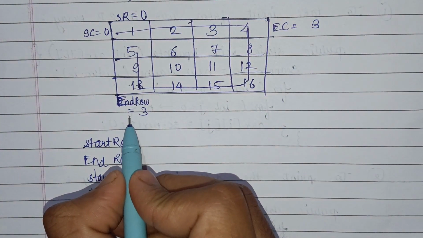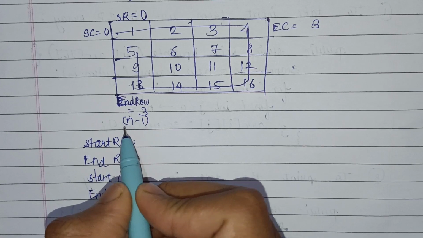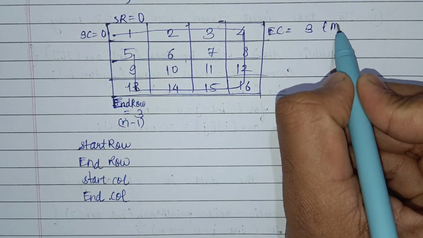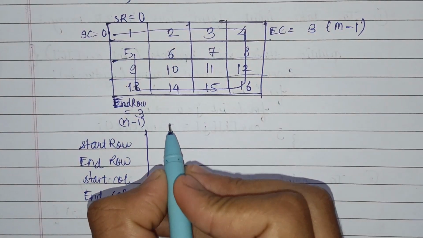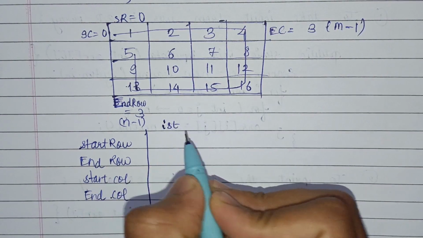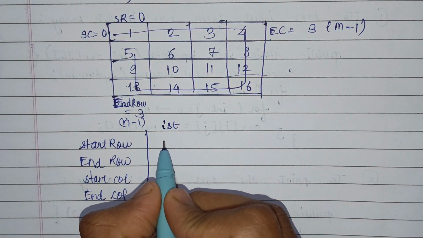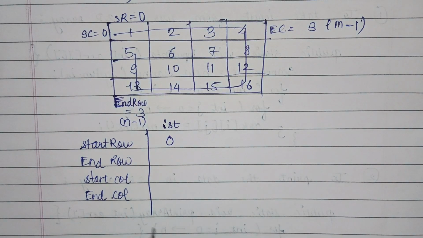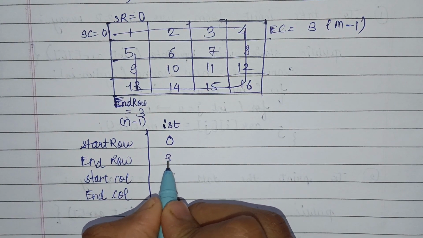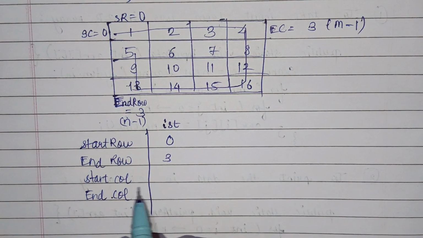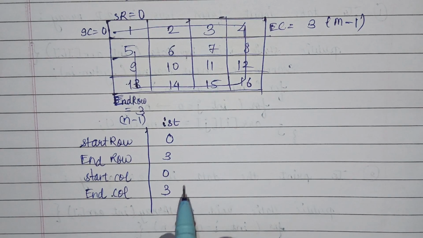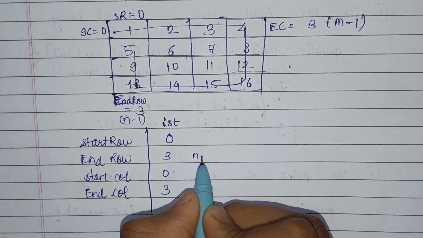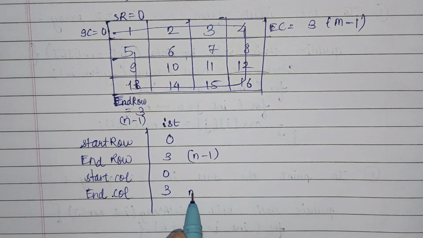So this is n minus 1 and this is m minus 1. So in the first iteration, our starting row will be 0, ending row will be 3, starting column will be 0 and ending column will be 3. This is n minus 1 and this is m minus 1.